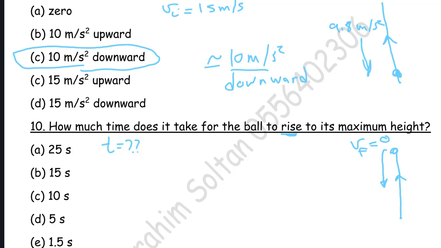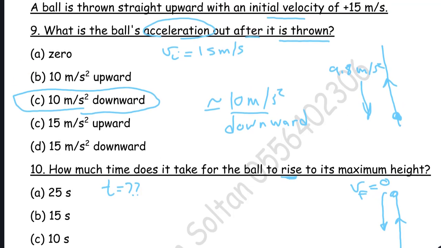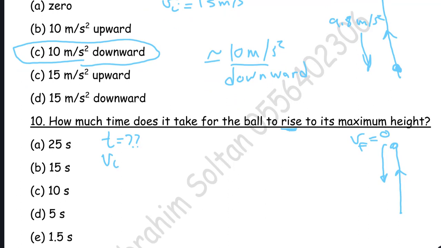So he gives you the initial speed v initial equals 15 meters per second, v final equals 0. You have to notice that from the words maximum height: when the object reaches the maximum height, its speed equals 0. He needs the time for the ball to reach the maximum height.